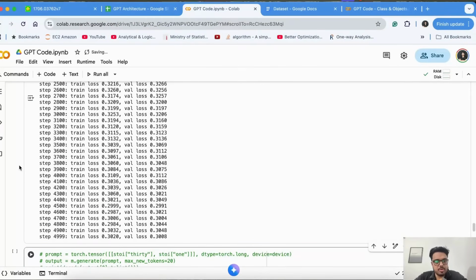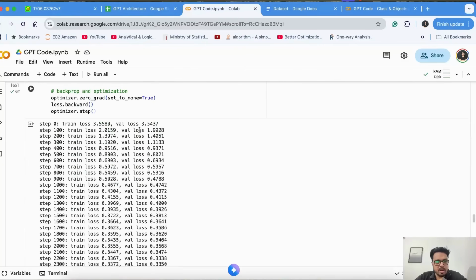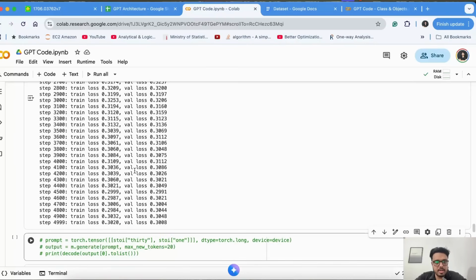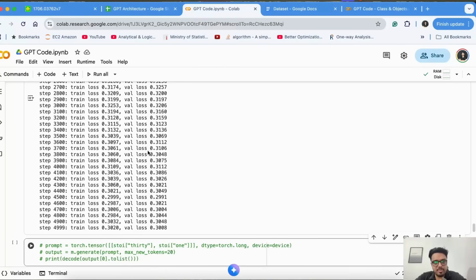Okay, so now our training has completed, and we can see that the losses have gone down considerably, and on the validation set we almost see that the losses are reaching the optimal point.